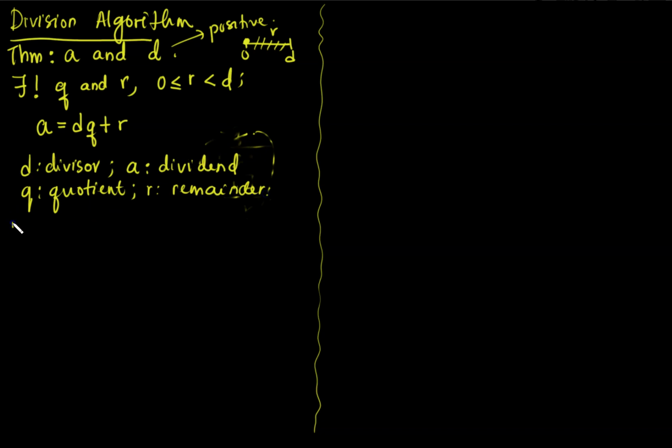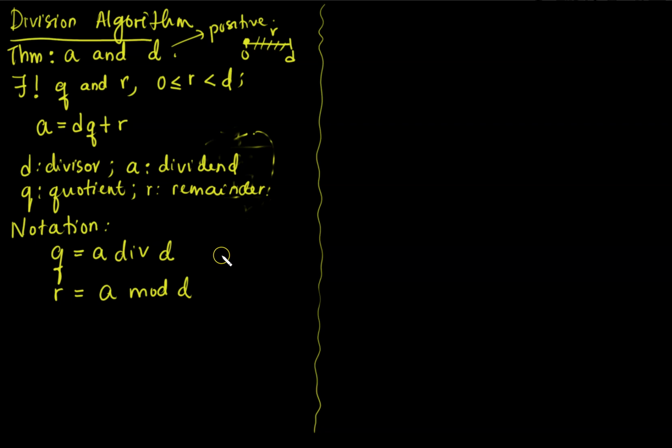The special notation that we will use a lot in this class is Q, the quotient, is A div D, and the remainder is A mod D. You will learn what this is pretty shortly.